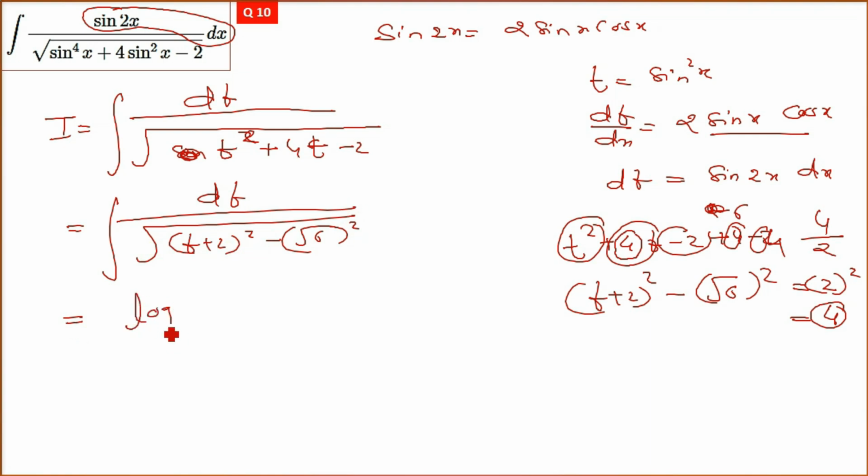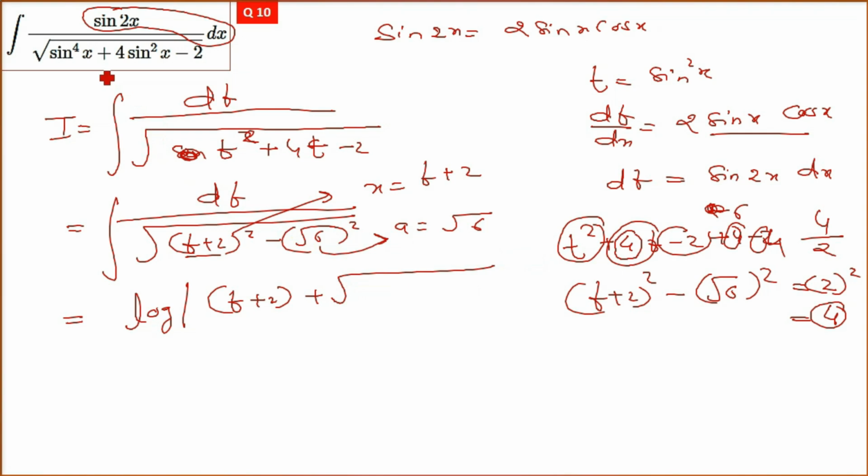So log modulus of, according to the formula, x will be taken as t plus 2 here and a will be taken as under root 6. So a equals under root 6, x equals t plus 2. So t plus 2 plus under root, same thing will come: t plus 2 whole square minus under root 6 whole square. So under root 6 whole square is 6 only, plus constant of integration.